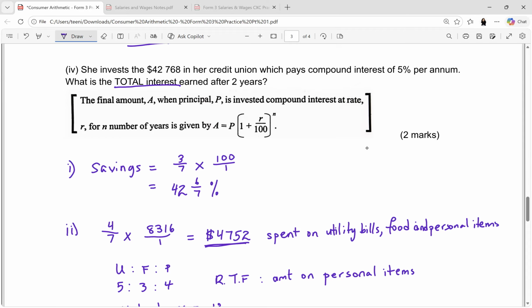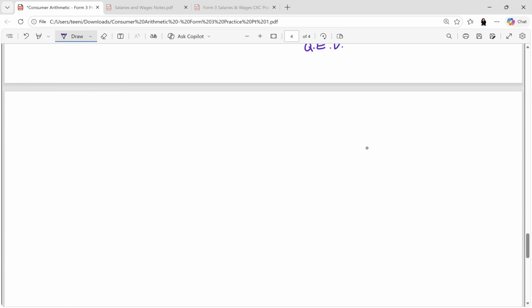All right, so let's go ahead and substitute the values. Good. So the principal here is her savings, right? So her principal is equal to 42,768. The rate is 5%, and the time, in this case, is N, right?